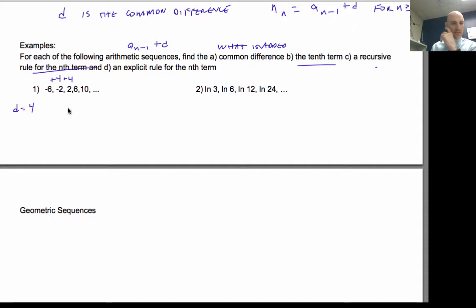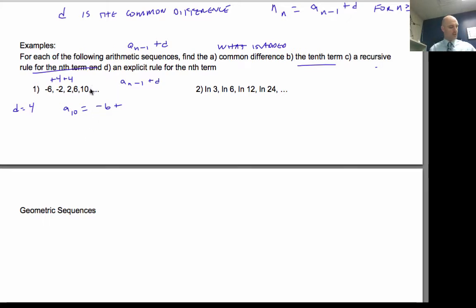And so my 10th term is equal to negative 6 plus, now, my formula here is A sub n minus 1 plus D, right? So I've got to have the term beforehand. Well, how am I going to define this sequence?